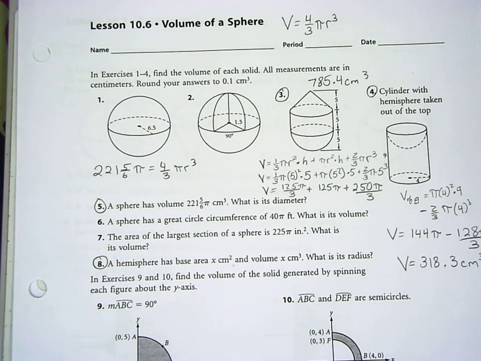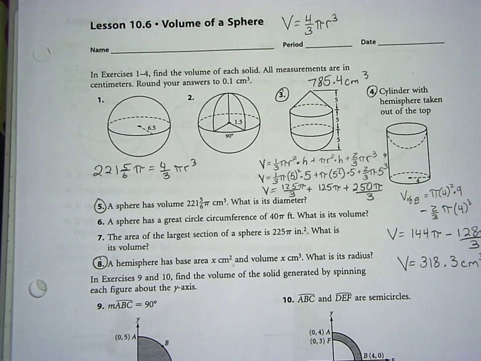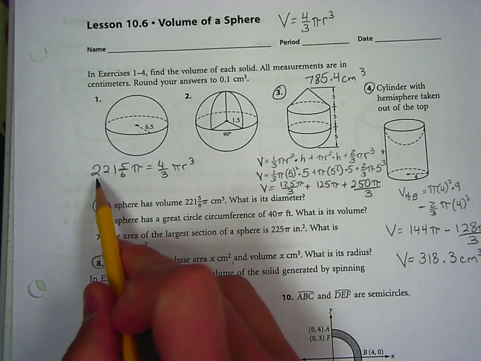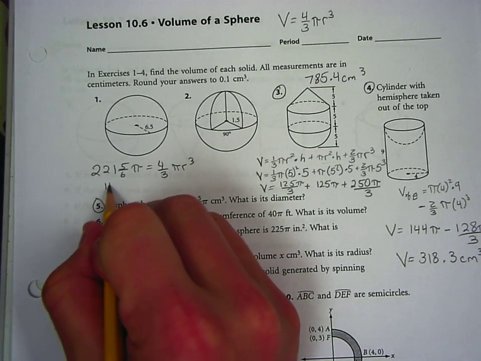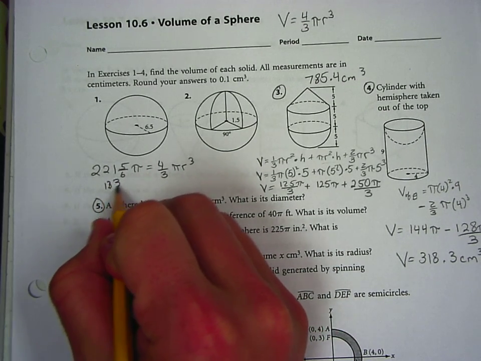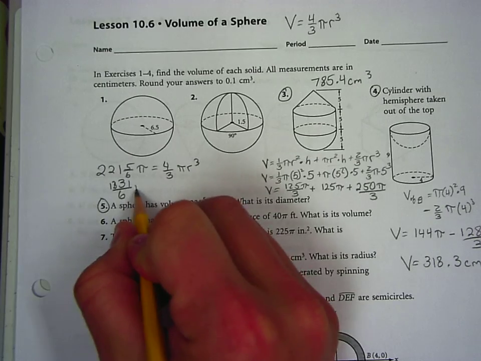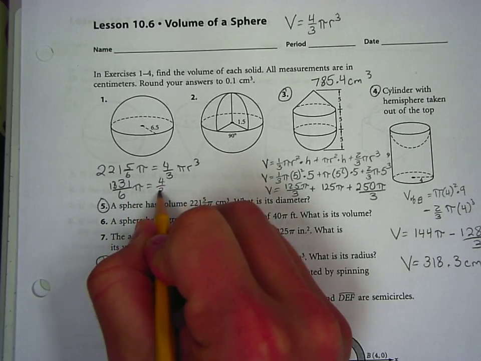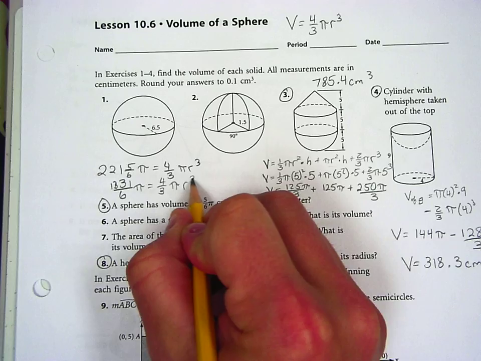The first thing I'm going to want to do is turn that 221 and 5/6 into an improper fraction. So when I do 6 times 221 plus 5, I get 1,331 over 6 pi equals 4/3 pi r cubed.